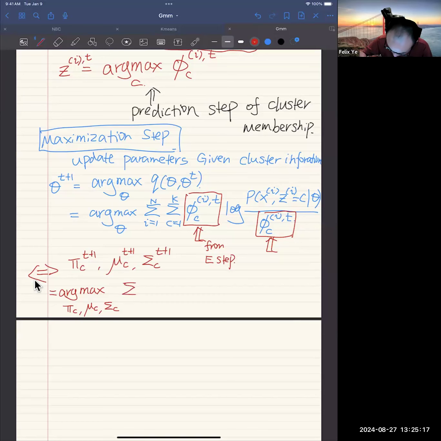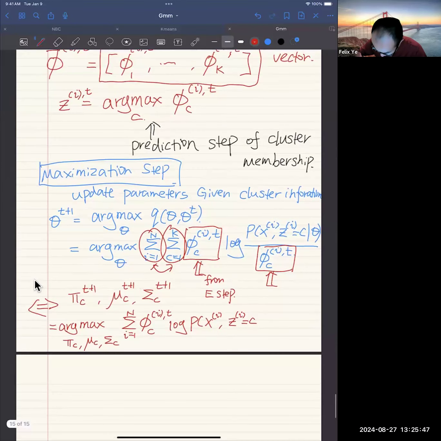of the summation. So basically, we're going to switch the order of the summation. I from 1 to n, phi c i t, and the logarithm of x i, c i equal to c, conditional on pi c, mu c, and sigma c.